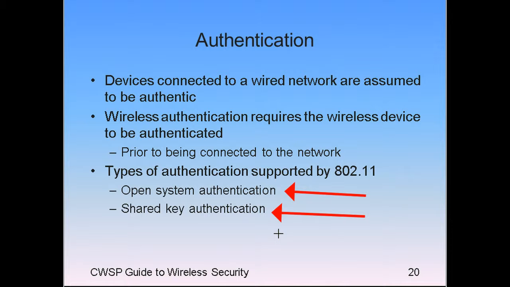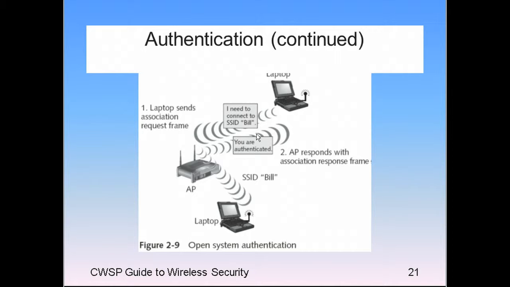In the security of these devices, we have authentication as well as confidentiality, encryption. So in this case, we can just let whoever selects our SSID onto the network, or we can ask them for a secret key, a shared key, a password of some sort in order to get on.